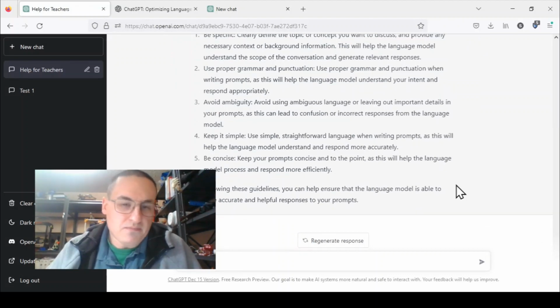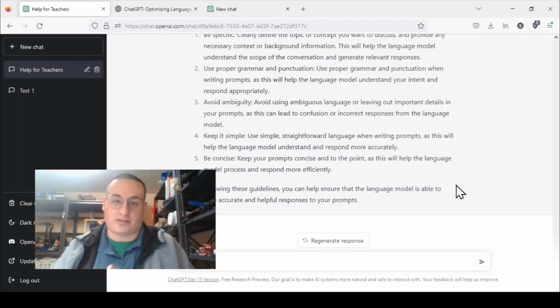Avoid ambiguity. So this is good for looking at a lot of academic things and more technical things. Trying to get weird ideas or more philosophical ideas, you're not going to get very concise or clear answers.